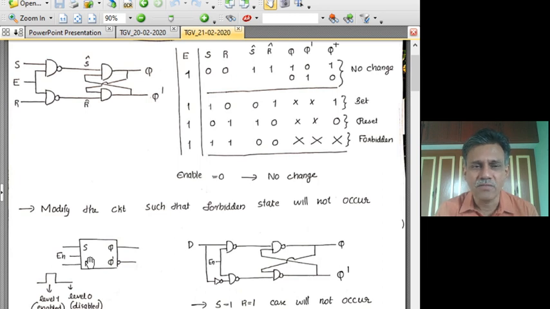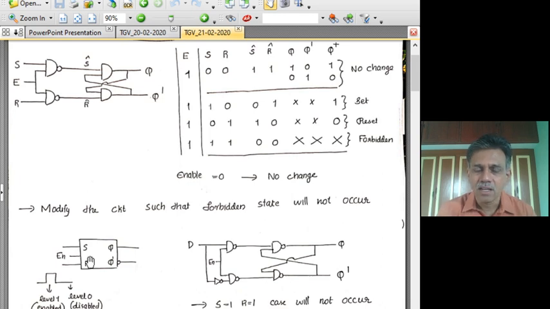So as a safety measure, we can redesign the circuit so that whatever input we give, it never goes to the forbidden state. The forbidden input condition never occurs, and therefore the random nature of the latch will never come into the picture.